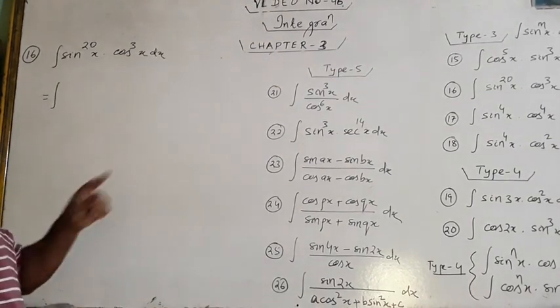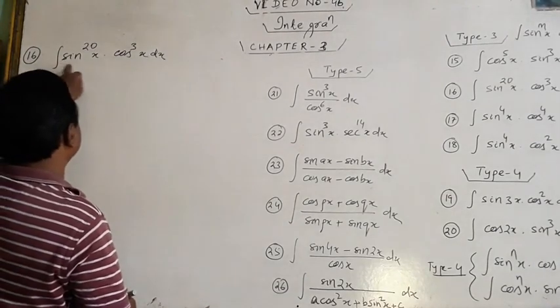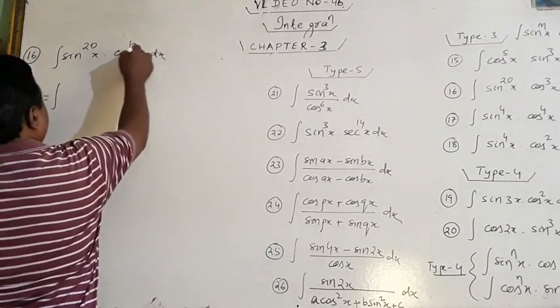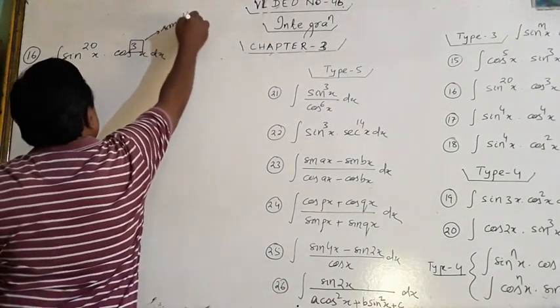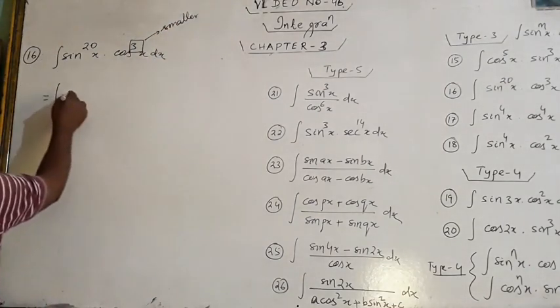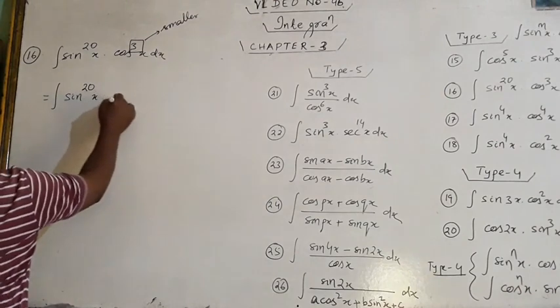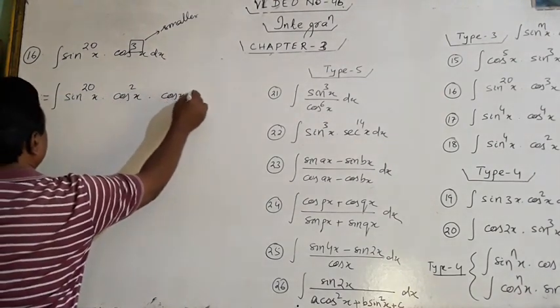Now as in question number 15, which one in question number 16 has the smaller power? This power is smaller. So we have to break this smaller power. Then what you have to do? Keep as it is, do cos square x and take cos x outside.